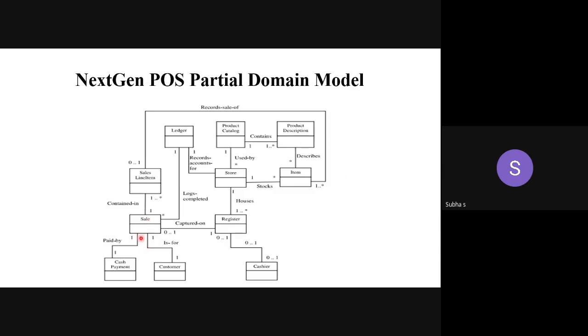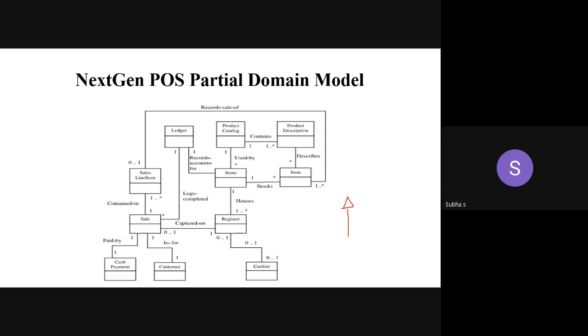So here under sale you are having what? One class called cash payment and another class called customer. These are not the parts. Suppose I am going to draw some line with an arrow mark, then that is called what? Generalization.